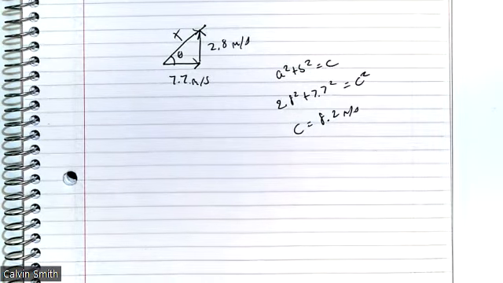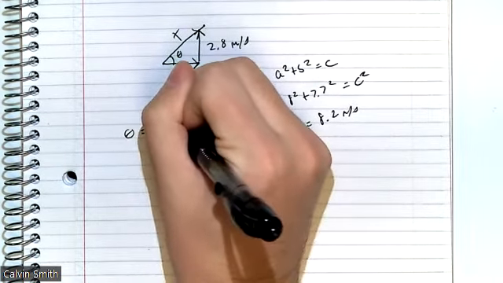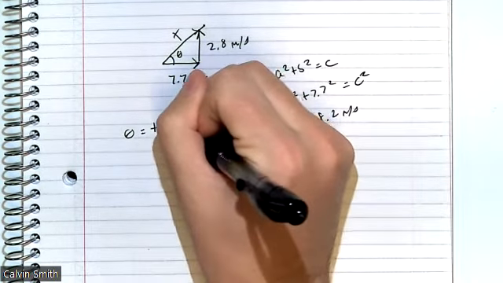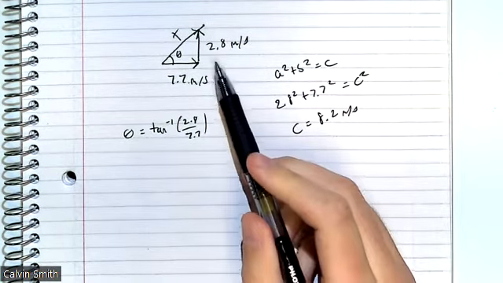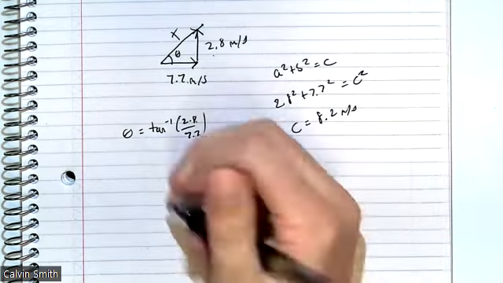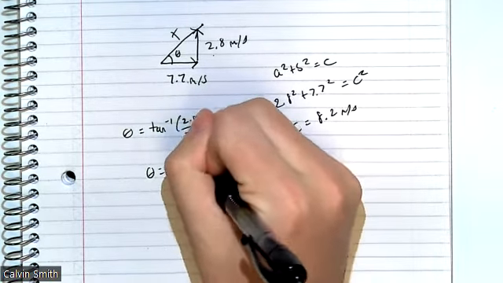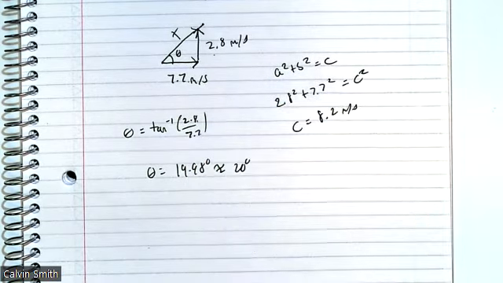And now for theta, tangent is opposite over adjacent. So theta is going to be about 20 degrees. So that's part A.